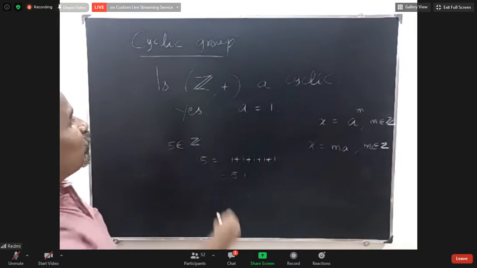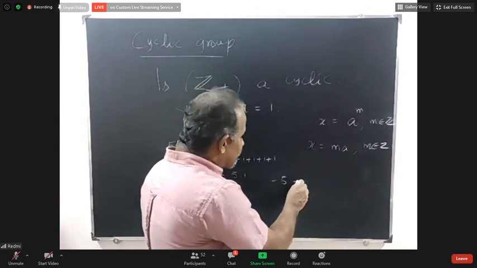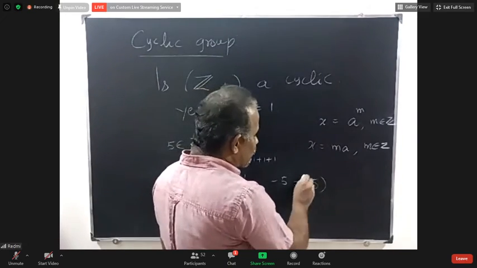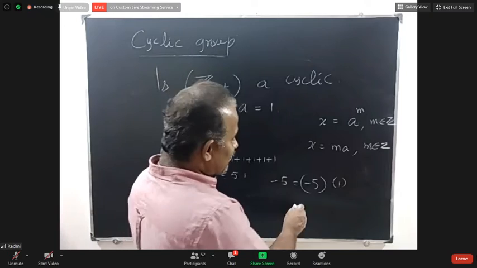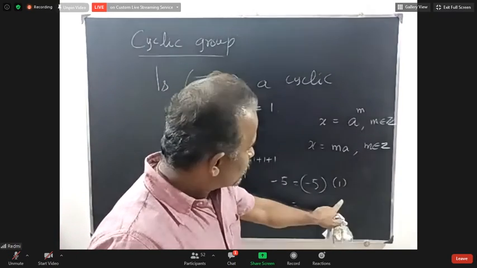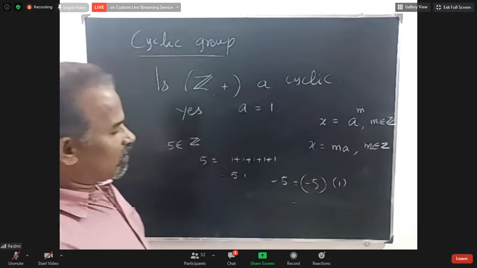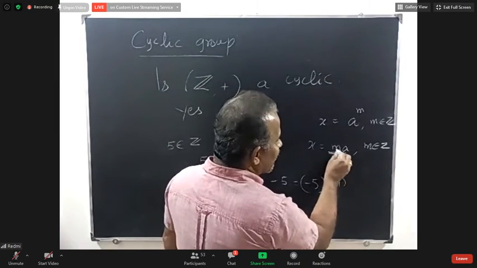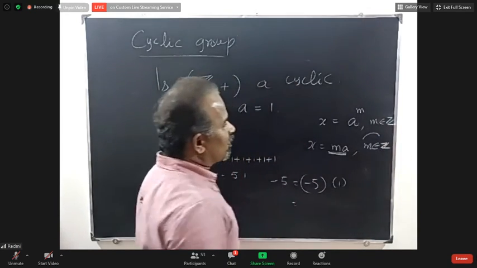Understood? So if you take minus 5, it can also be written as m times 1 with m = -5, that is minus 5 times 1. Clear? So any x can be written as m times a, m belongs to Z. Z means plus and minus also will be there.